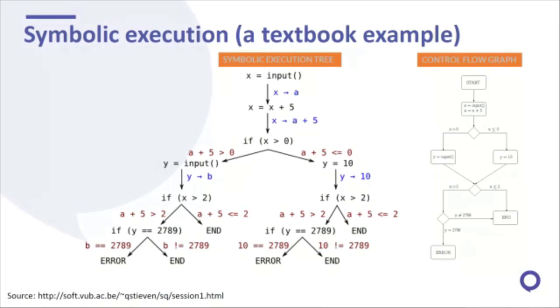It reads a value from the input and assigns it to X, and then it increments X by 5. Then we have a branch on the value of X. Then we read in another value and assign it to Y. We have another branch on the value of X, and then another branch on the value of Y, and we have an end state and an error state.